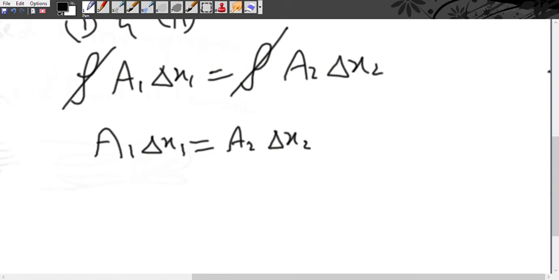There is a very basic equation in physics, S is equal to Vt.